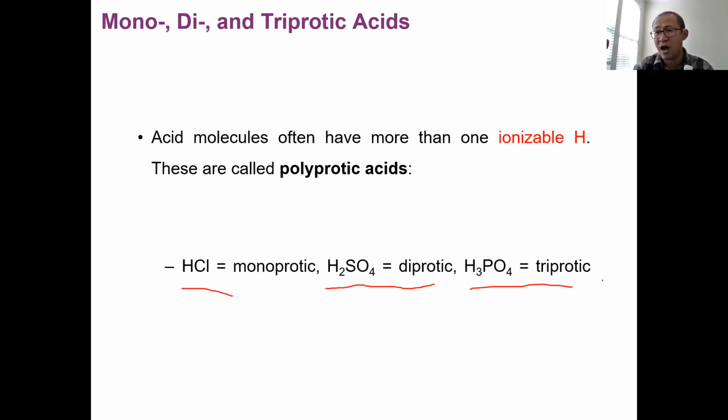H3PO4, phosphoric acid, is also a polyprotic acid because it has three protons. We call it a triprotic acid. So that's the definition of polyprotic acids. Just in case you see these acids, they may potentially produce more than one proton.